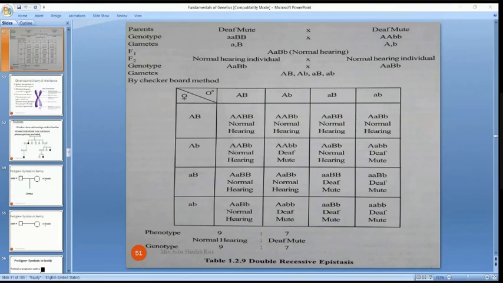But in the case of the double dominant epistasis and the double recessive epistasis, only two traits are observed, so the modified ratio in the case of the double dominant will be 15:1, and in the case of the double recessive, the ratio will be 9:7. So this is all about epistasis.